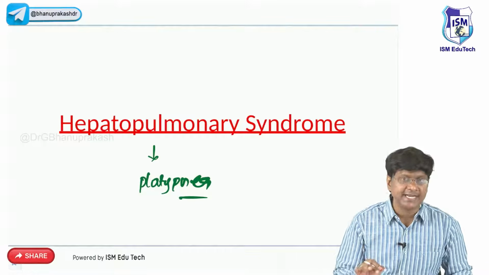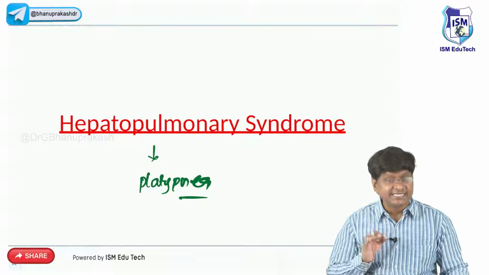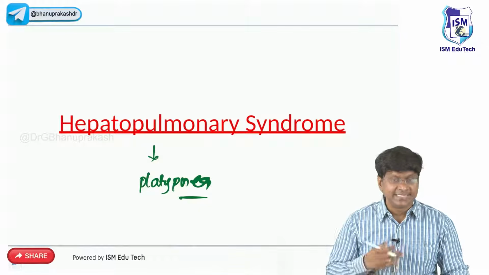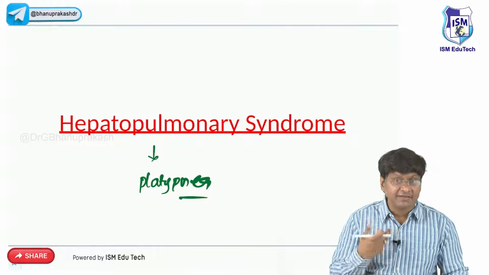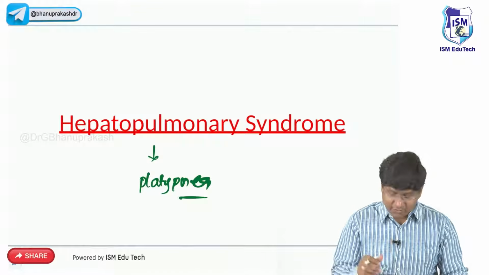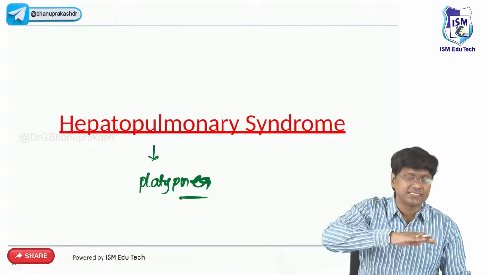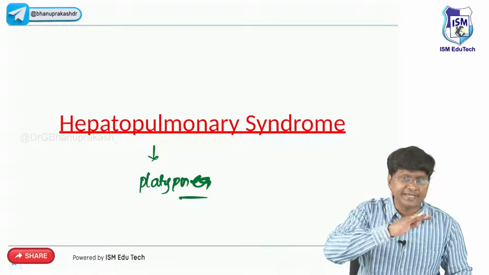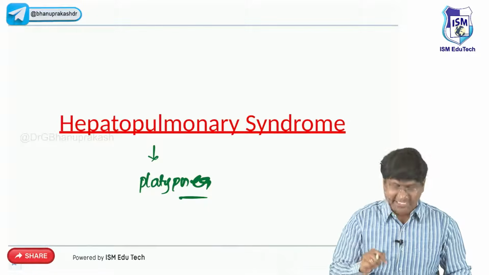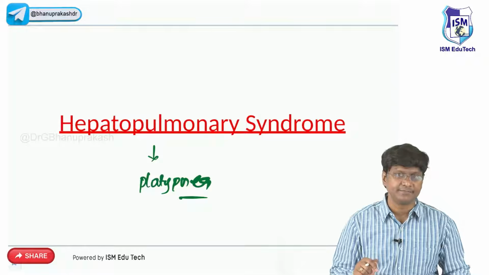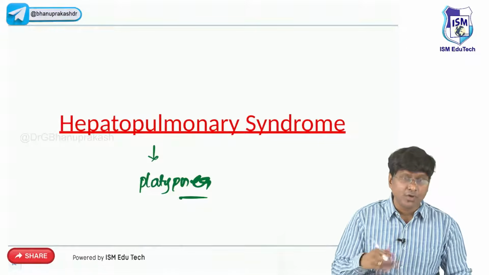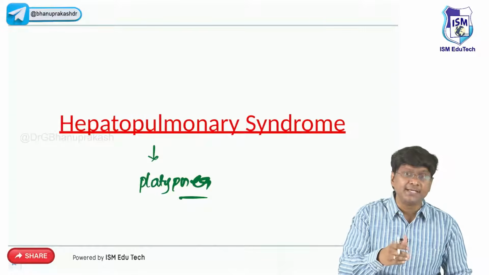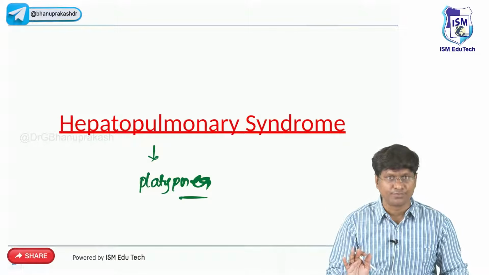The individual in sitting posture will have dyspnea, but the same patient, whenever he lies down in supine position, the dyspnea will disappear. That is what is called platypnea, or we call it platypnea orthodeoxia syndrome.